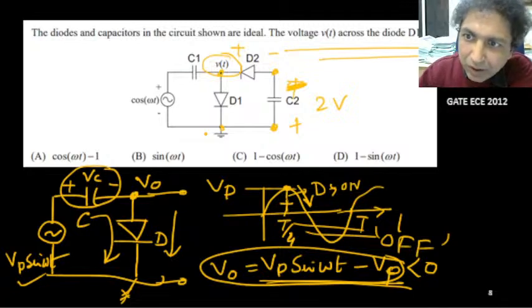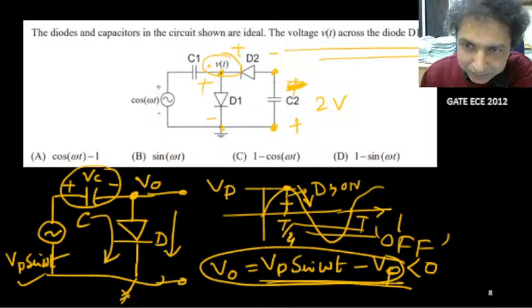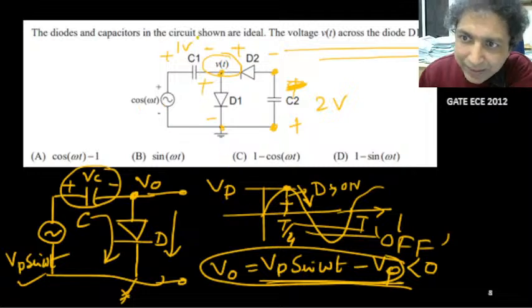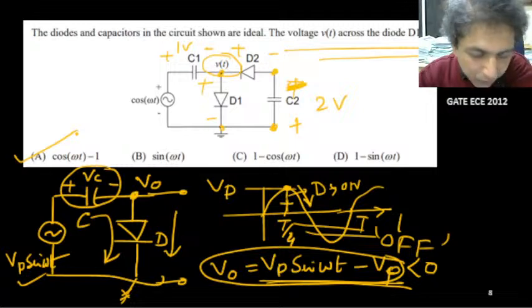Okay, so across D1 the potential will be the input voltage minus Vp. So in this case this capacitor voltage C1 will be 1 volt, thus the Vt will be cos omega t minus 1. That's simple. So answer A is correct, cos omega t minus 1.